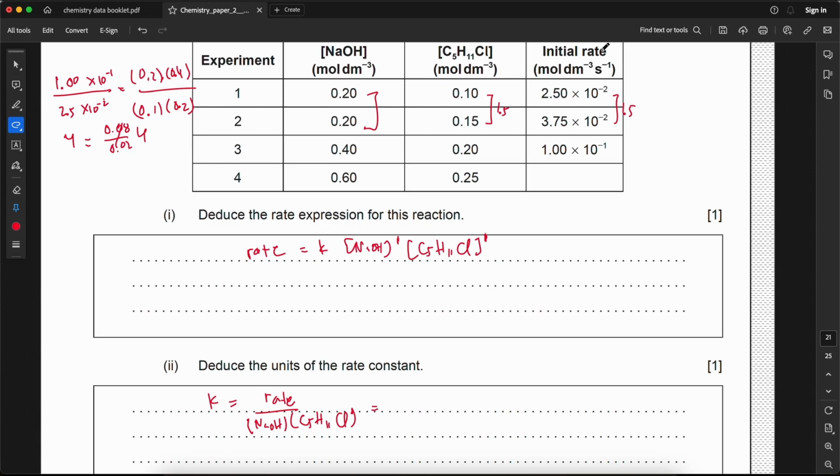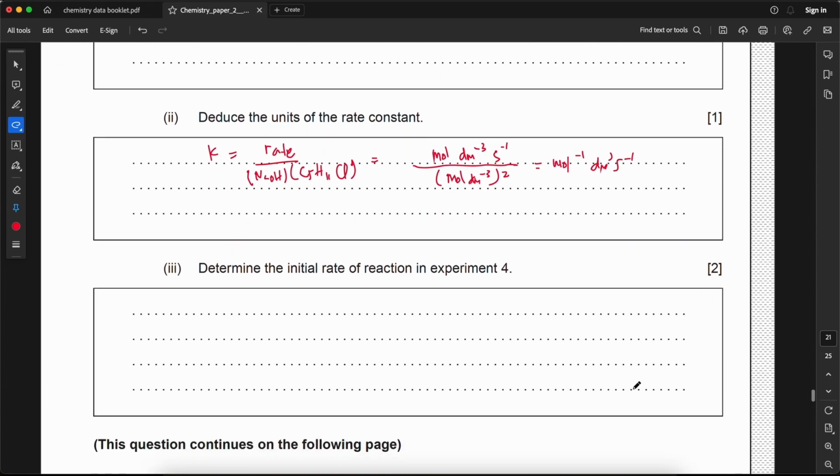So that would be, let's see the unit, mol dm^-3 s^-1 divided by mol dm^-3 squared, because of the double concentration. So you will get mol^-1 dm^3 s^-1.